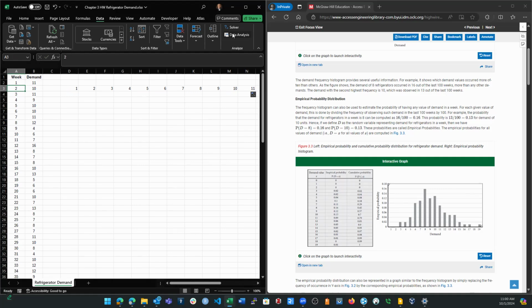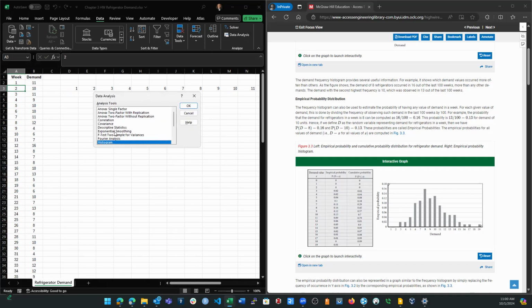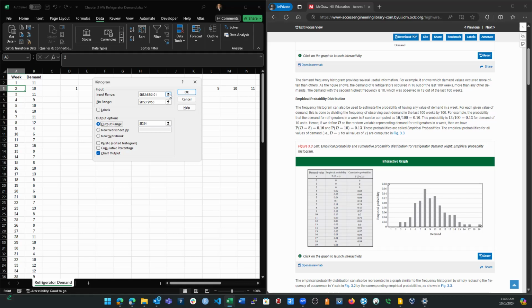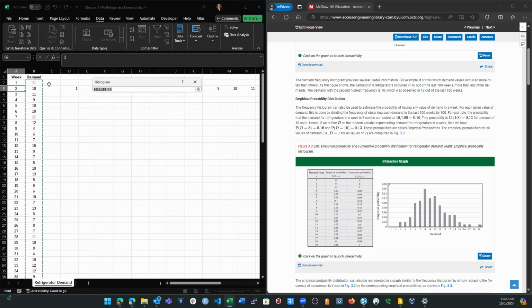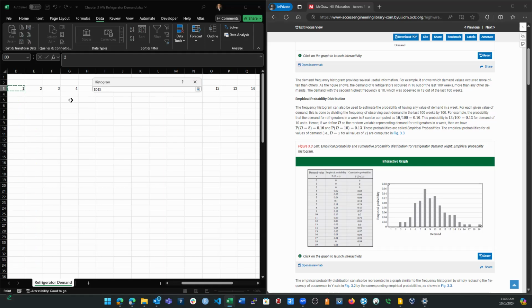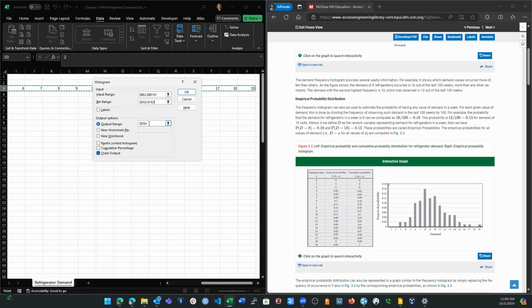Now that we have our bins, we can come in here to data analysis, select histogram, click OK. The input range is going to be our demand, starting with week 1 all the way down to week 100. The bin range is going to be the bins that we just created, 1 through 19.